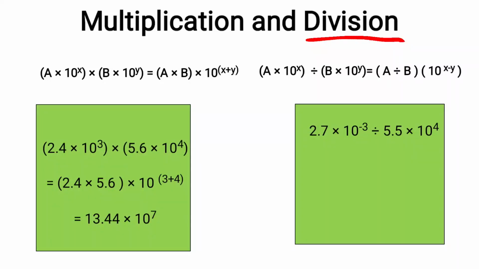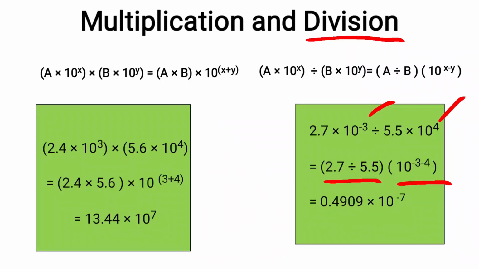Here we first subtract the exponents, that is -3 minus 4, and then divide the coefficients.